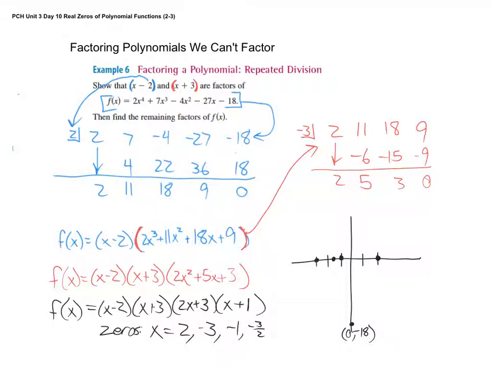If it's positive, we're going up to the right. And then how do we tell what the left side does? By looking at the exponent of the leading term. The exponent here is 4, which is even. If it's even, the left side is the same.